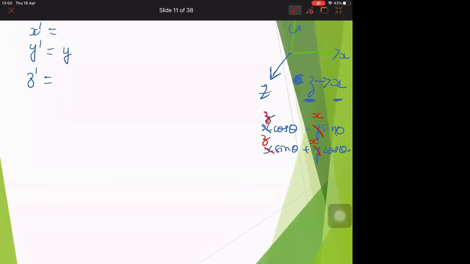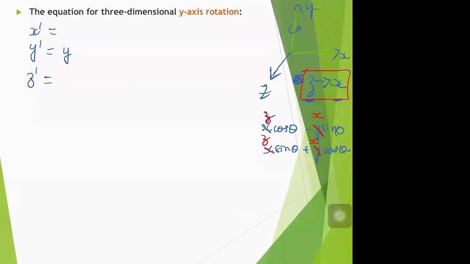You understood the order now? This is based on this order. So, which axis am I coming across first? Z axis. So I have to start writing my equation with respect to Z axis first. That means it will become Z cos theta minus X sin theta.